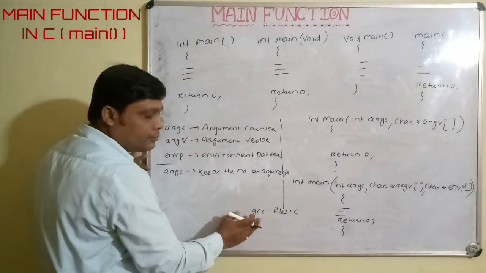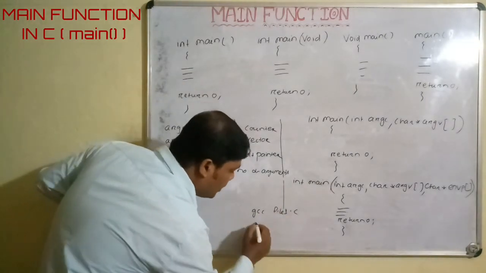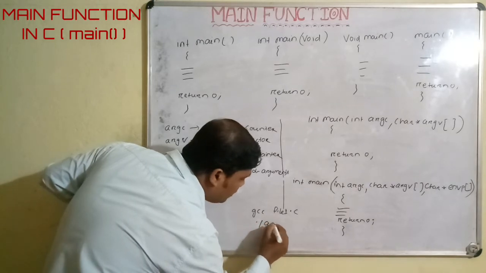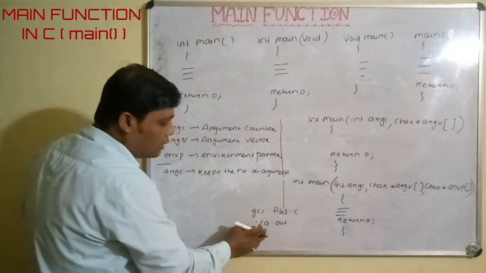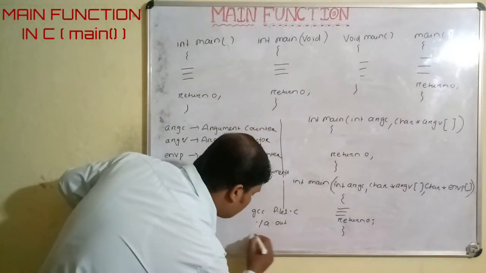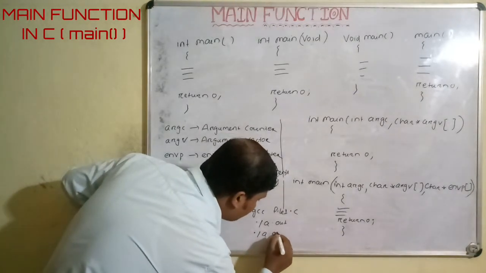You are compiling this file. If compilation is successful, it will produce an executable file, that is a.out. To run this executable file, what is the syntax? You will type ./a.out.